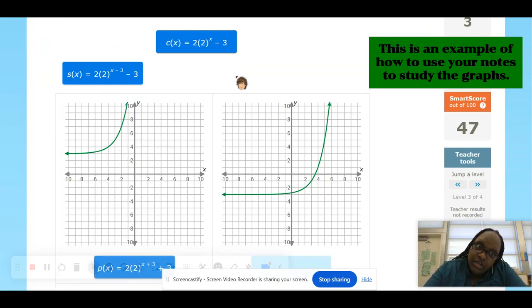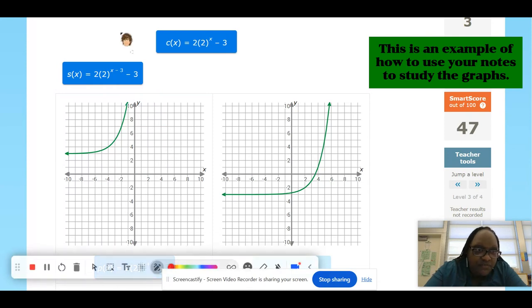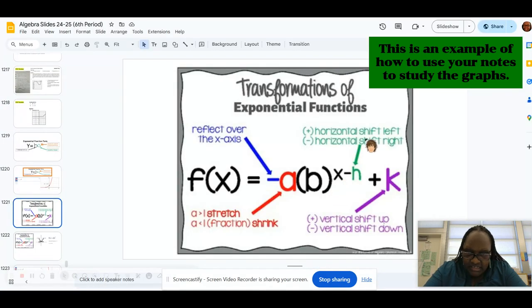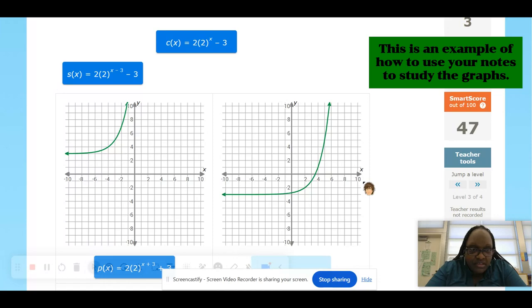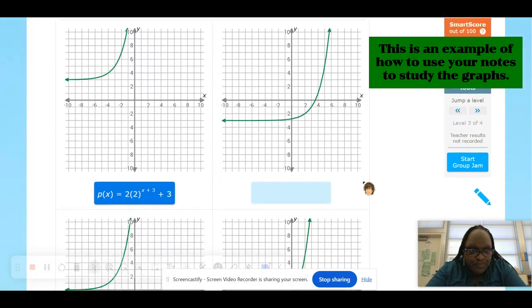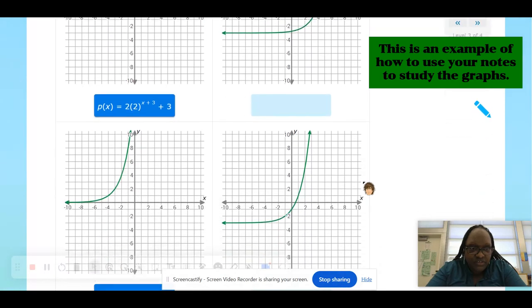So now it's a question of, for these, the only difference is within the exponent. So this is x minus 3 and just normal x. And then again, that does the horizontal shift. So it's a question of which one goes where. So now looking at both of these, the horizontal shift.